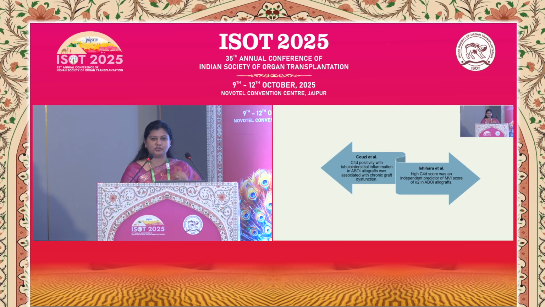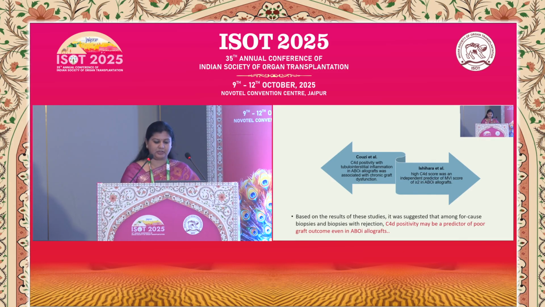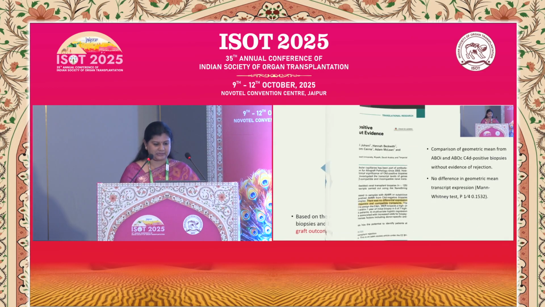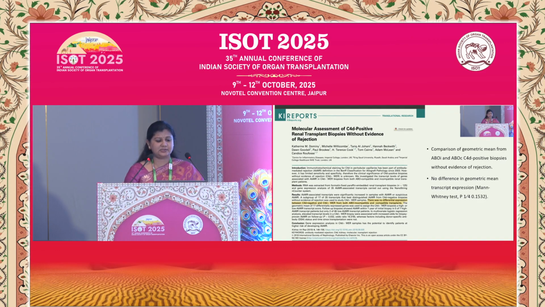This study then also cited various previous studies, Kuzi and Ishihara et al., and all of them came to a similar conclusion that C4D positivity, if present in conjunction with features of injury or features of rejection on histology, could be a predictor of adverse or poor outcome in ABO incompatible cases. Then, what is the role of molecular assessment?